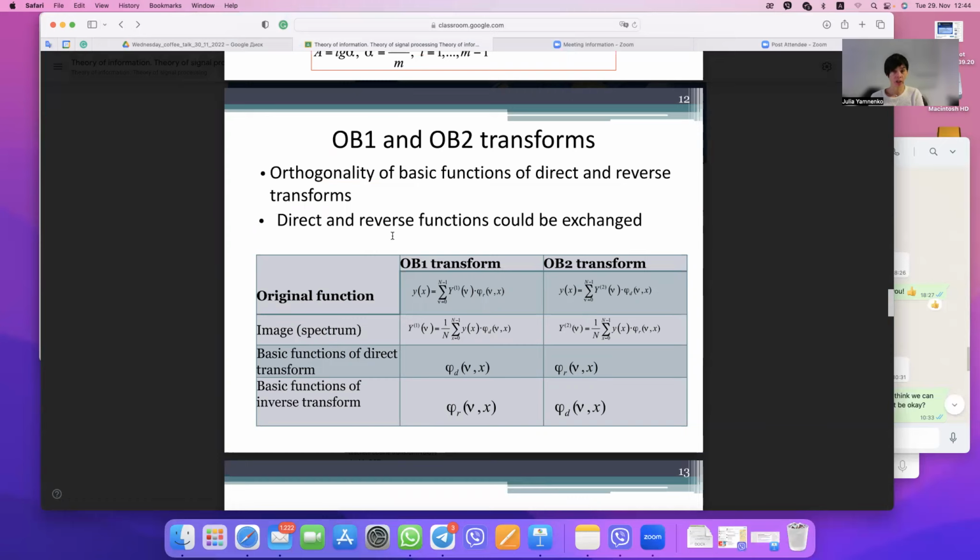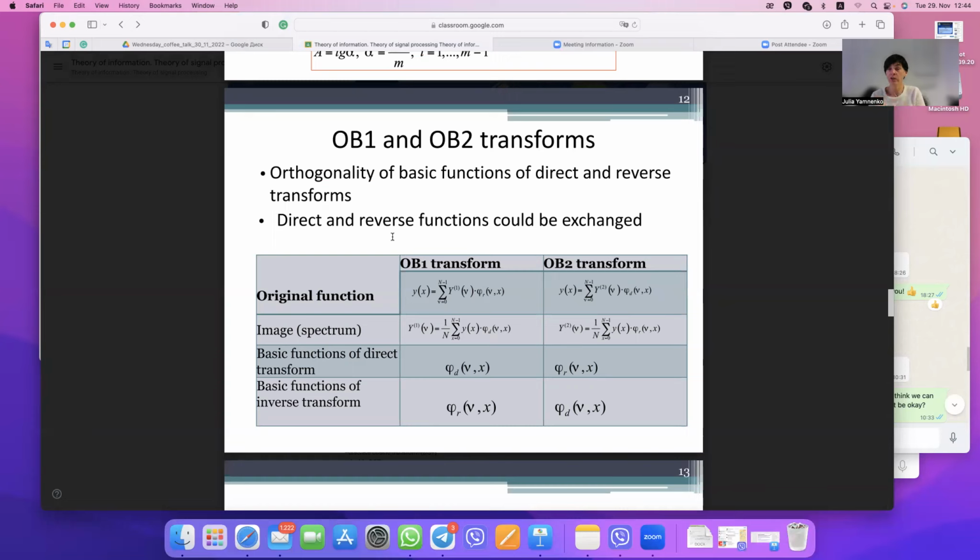the question is, could we replace the direct and inverse basic functions and change their places? Is it possible to use the inverse basic function for the direct transform and the direct basic function for the inverse transform?